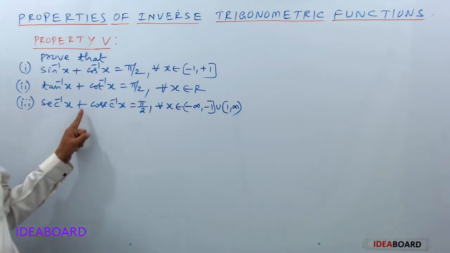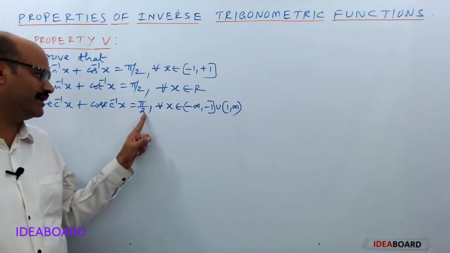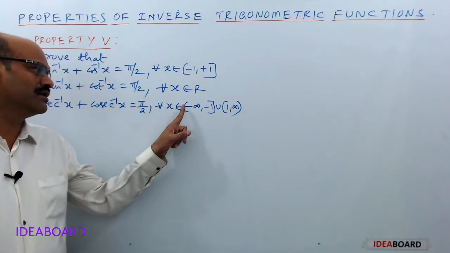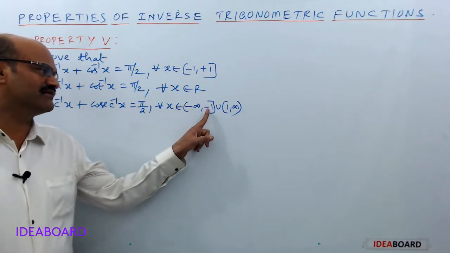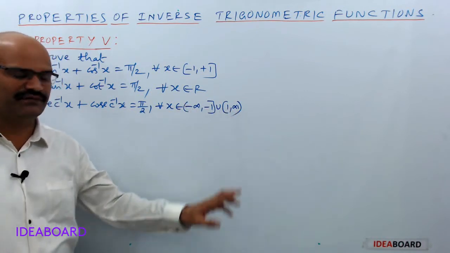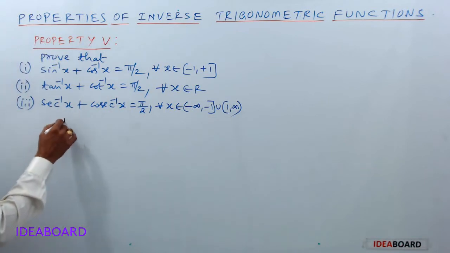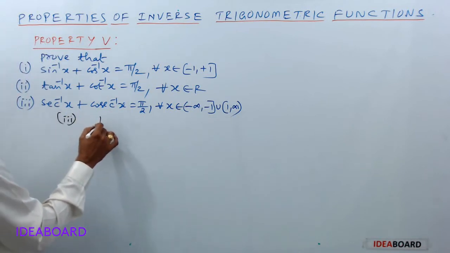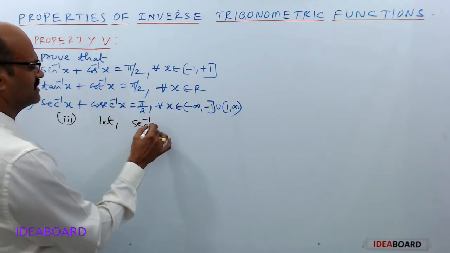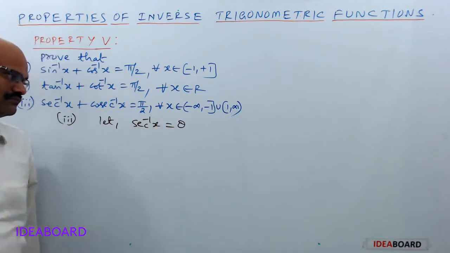Next one: secant inverse x plus cosecant inverse x equal to pi by 2 for all x belongs to minus infinity to minus 1 union closed interval 1 to infinity. Let secant inverse x equal to theta.